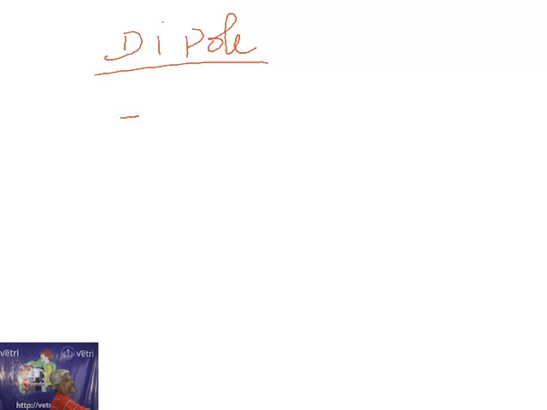Similarly, here also, what is a dipole? Very similar to magnetism, electricity also has a dipole. The dipole is nothing but two equal and opposite charges, that is plus Q and minus Q. The magnitude of these two charges is the same, Q and Q. One is positive, another is negative, separated by a very small distance 2D.